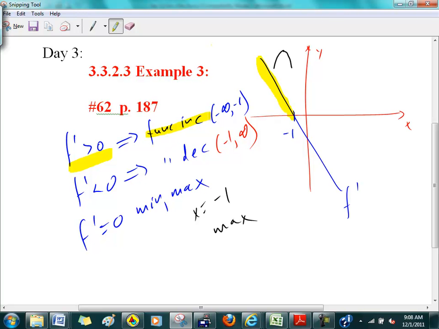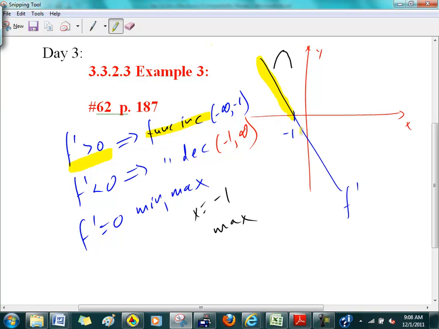Okay, so remember this, you should know this by now. When you say a function is positive, you mean the y value of it is positive. So we want the y value of f prime, so right here the y value of f prime is positive. Every place you go here on the y-axis, it's a positive number.